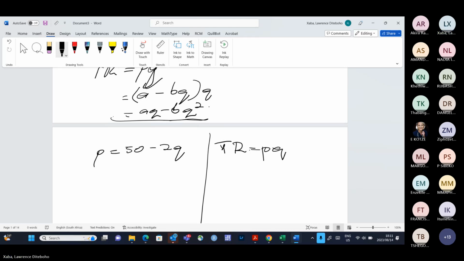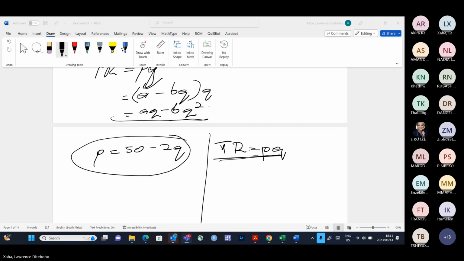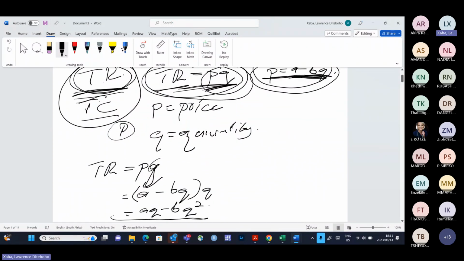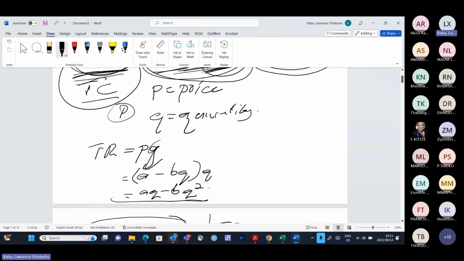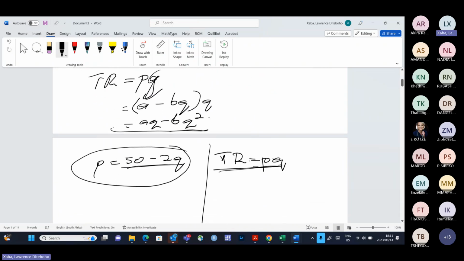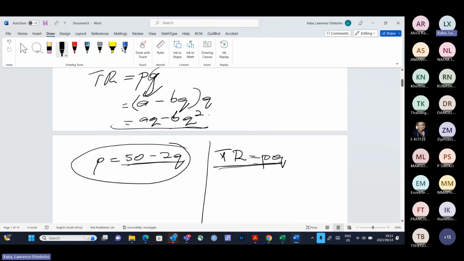So since from the given example P is equal to 50 minus 2 times Q, we look at our equation. Where we see P, now we put 50 minus 2 times Q, which is the same thing that I tried to demonstrate here when we are trying to derive the quadratic equation.